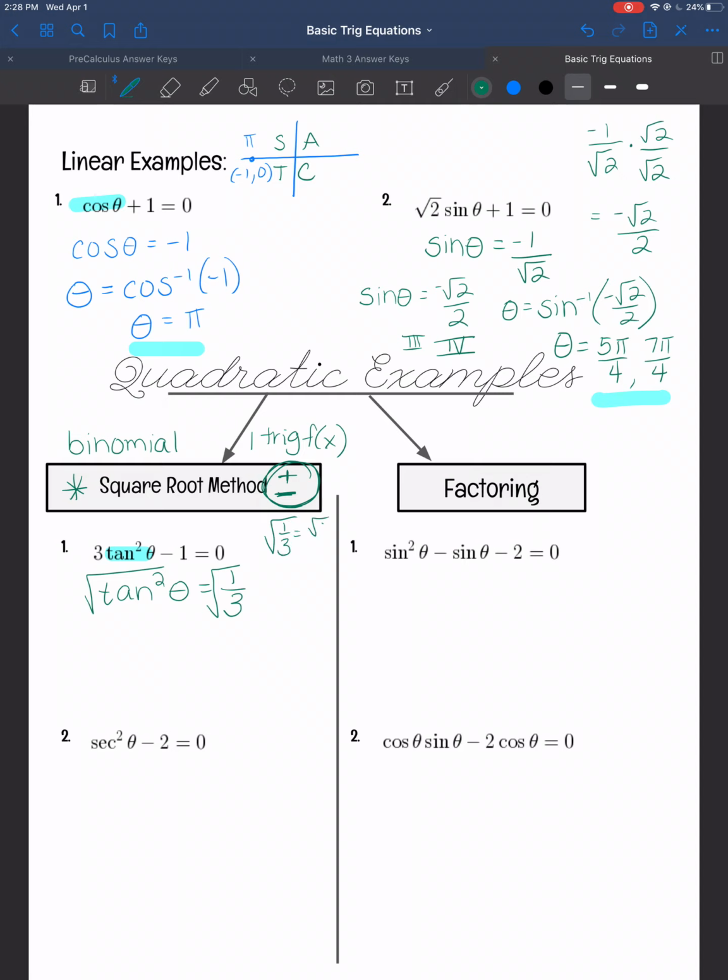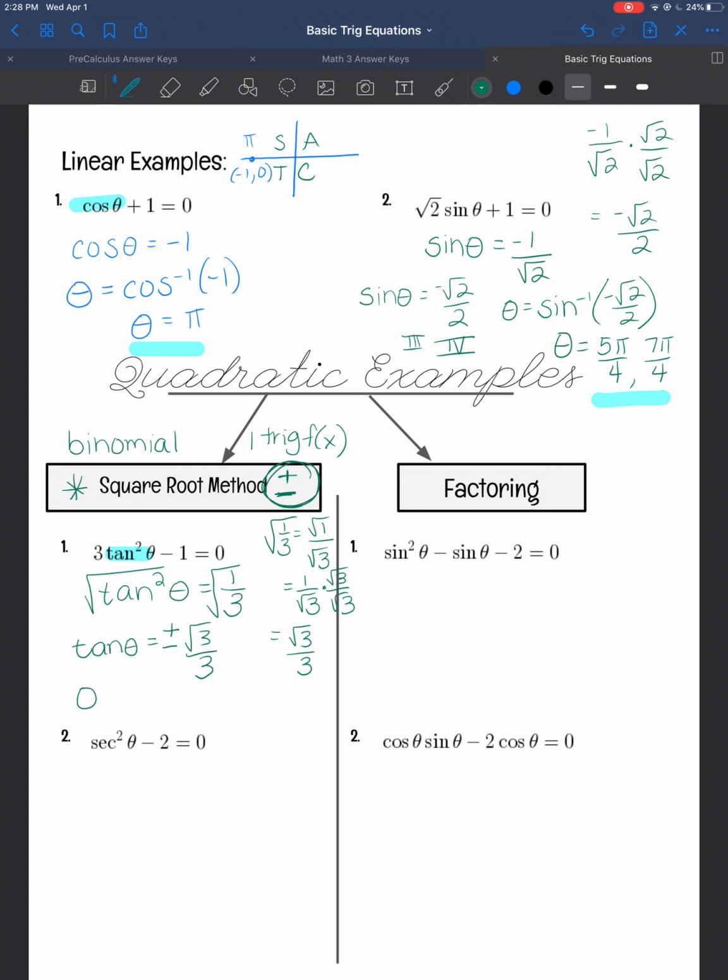Basically, you square root the numerator and the denominator separately, and so that actually gives you 1 over the square root of 3, which you then rationalize, and that gives you root 3 over 3, and you start to recognize it. Now, again, tangent theta is equal to, here's the important part, plus or minus root 3 over 3.